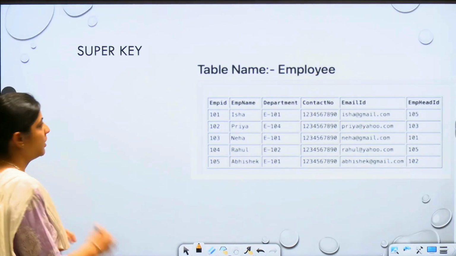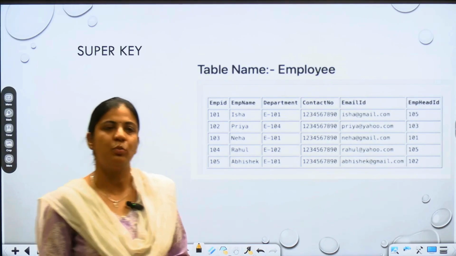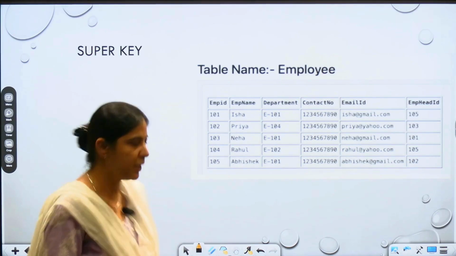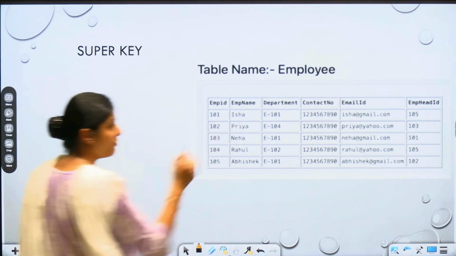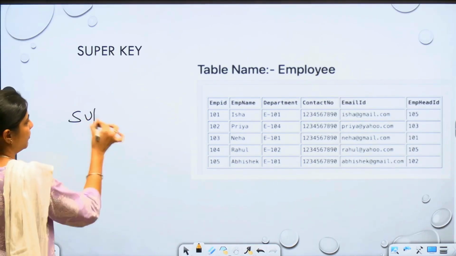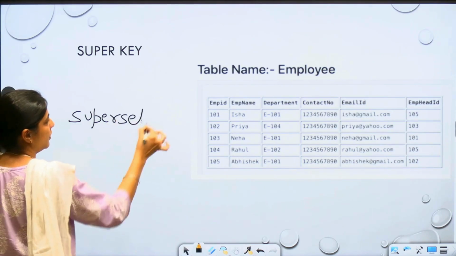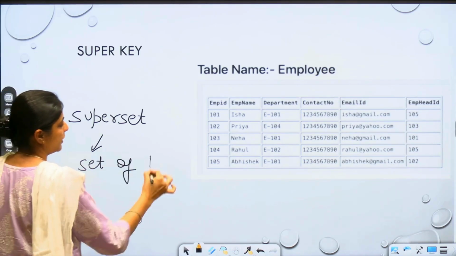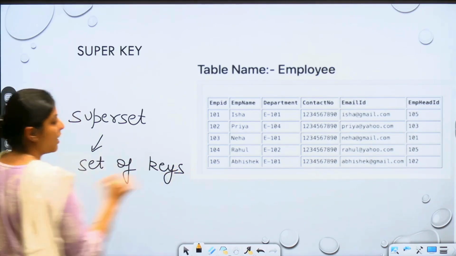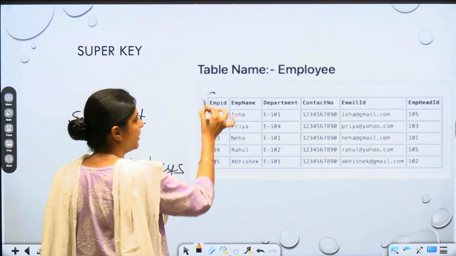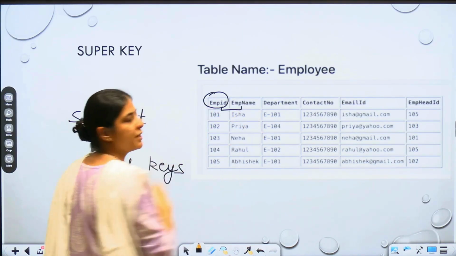What is a super key basically? A super key is a set of keys which uniquely identify a tuple in the table. When we can have a set of keys, that means it can be either a single key or a combination of keys.